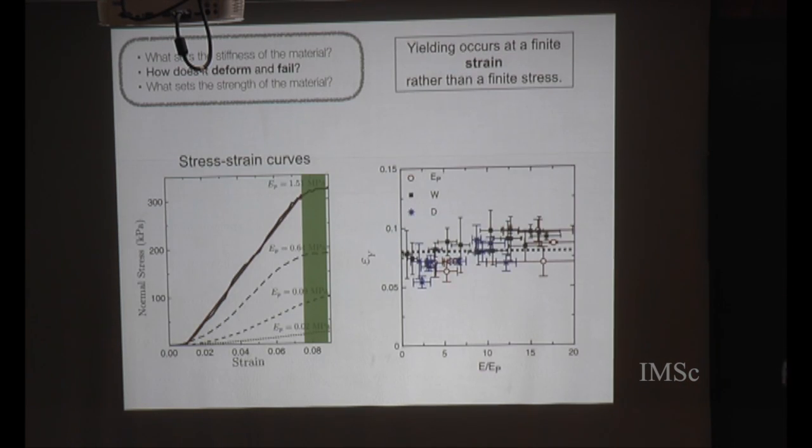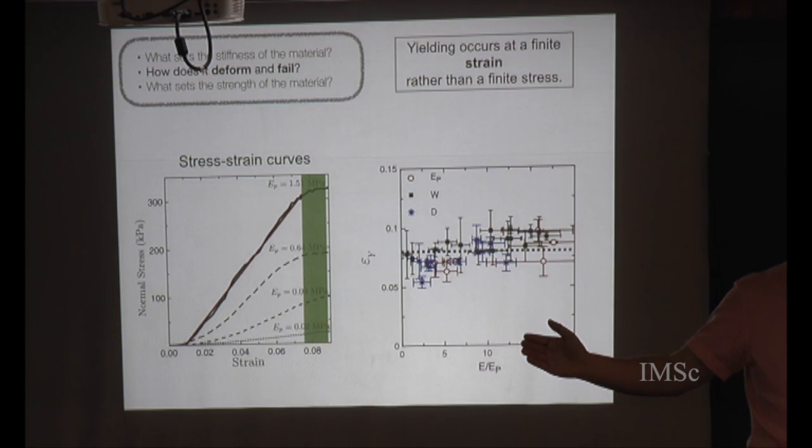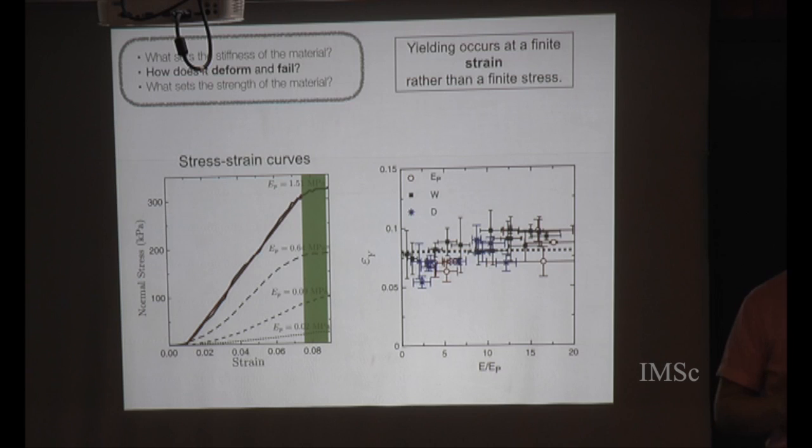And if you look at all the different experiments we did, as I said, we could vary the polymer content, we could vary the polymer stiffness, and vary the particle size, a range of several hundred in terms of the elastic response. If you look at the yield strain, which we define as the onset of deviation from the linear elastic response, there's some scatter, but there's no obvious dependence on anything.